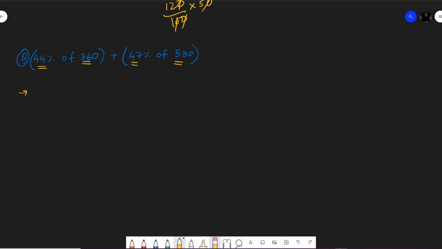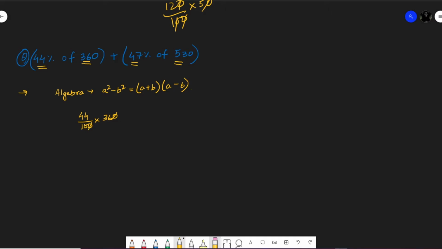Now tell me, you have learned in your childhood in algebra, a square minus b square equals a plus b into a minus b, right? Now 44 percentage of 360.